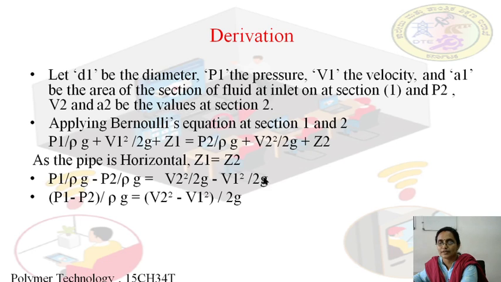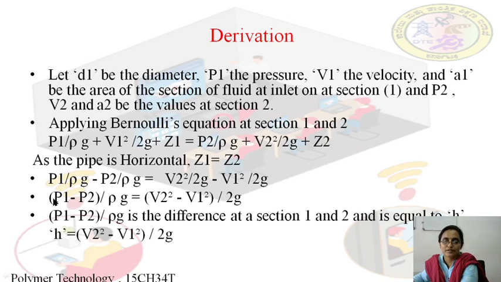So the remaining terms we can write as P1 by rho g. We can put the term P2 by rho g on the left hand side, which is equal to V2 squared by 2g minus V1 squared by 2g. Here the common rho g can be taken out: P1 minus P2 by rho g, which is equal to V2 squared minus V1 squared by 2g.